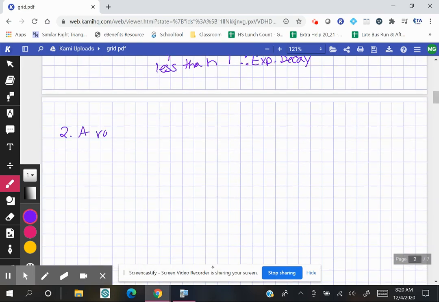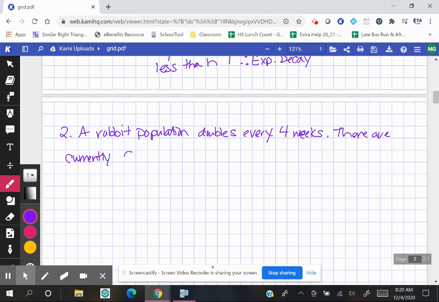So a rabbit population doubles every 4 weeks. So since we're doubling, we're getting bigger, which means we are looking at exponential growth. There are currently 5 rabbits in a restricted area.